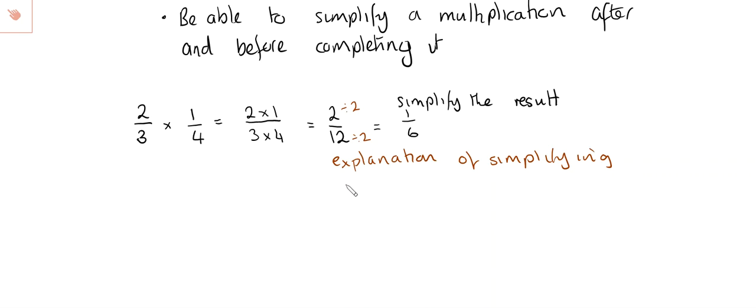So if I want to simplify 2/12, I'm going to convert this back into a multiplication. I'm going to say it's the same thing as 2 times 1 divided by 2 times 6. Okay? Now, do you notice how this bit kind of looks like that bit now, yeah?